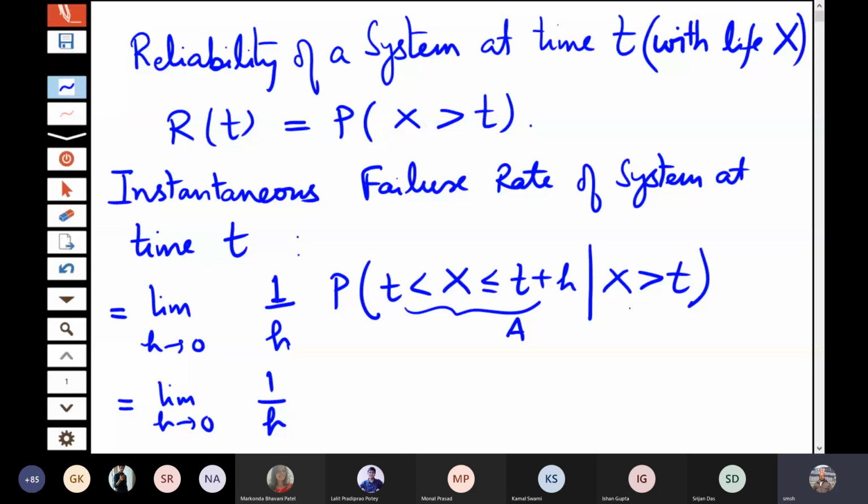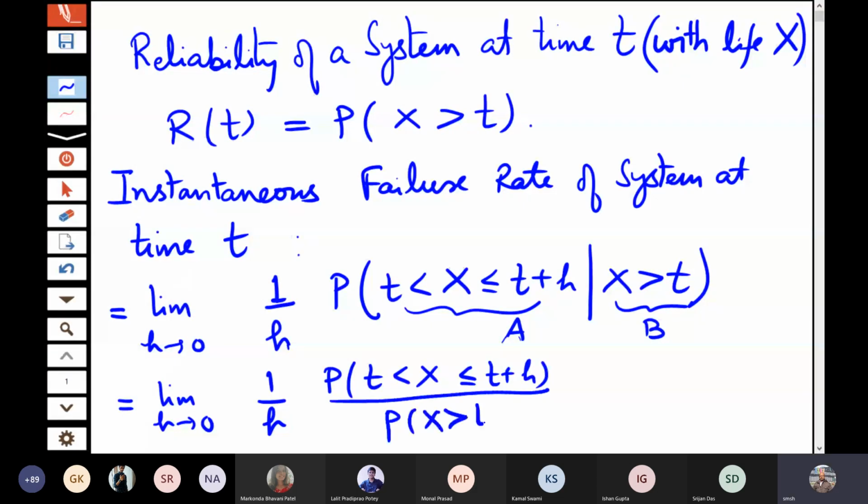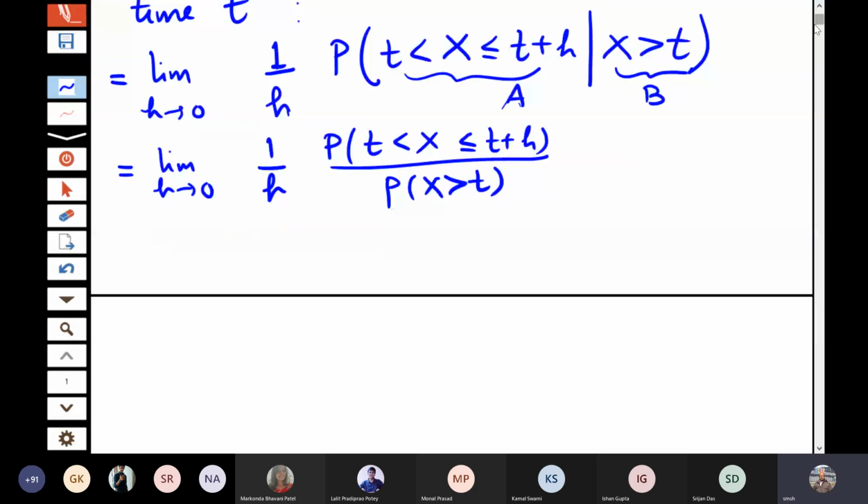Now we can consider this as event A and this as event B. Then we apply the formula for probability of A given B, that is probability of A intersection B divided by probability of B. Now you can easily see that A is a subset of B, so in the numerator I will have only probability of A, and in the denominator I will have probability of B. Is this okay? Yes, sir.